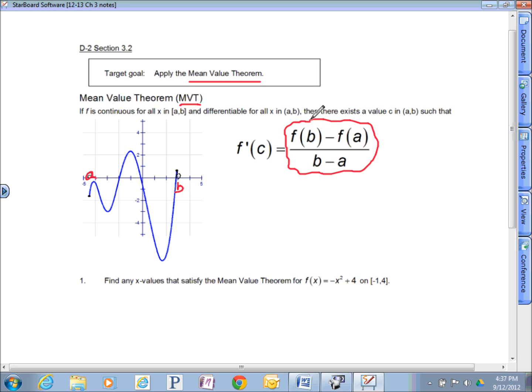Well, this would give us the slope of the line connecting those endpoints. Or in a lot of the things that we do, this would give us the slope of the line through the endpoints.